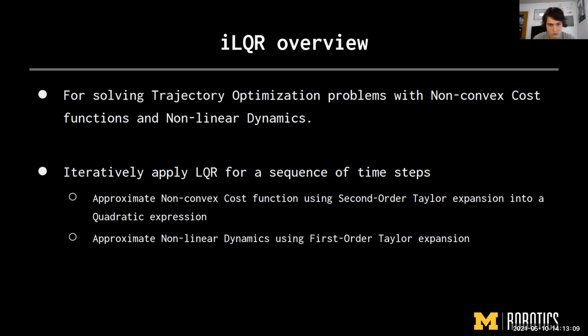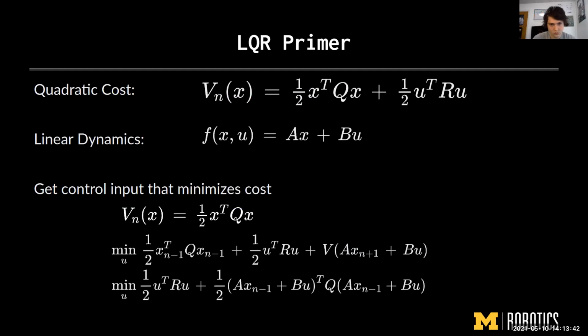So what we do is perform a second order Taylor expansion to approximate the non-convex cost function as convex. And we also apply a first order Taylor expansion on the nonlinear dynamics to make them linear. By performing these local approximations for each time step, you can then perform LQR for each of the time steps, and perform this iteratively throughout the trajectory in order to come up with a feasible trajectory, which is what we want.